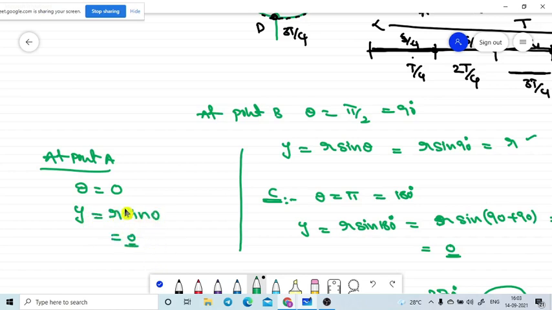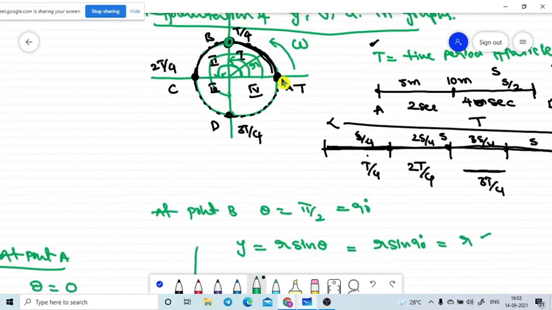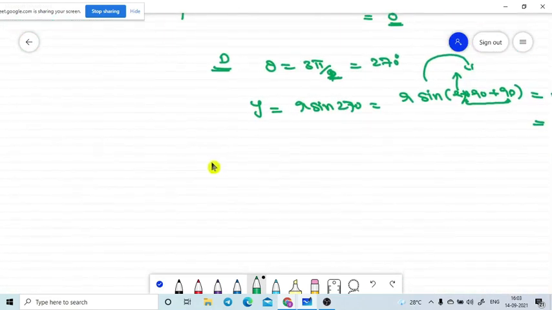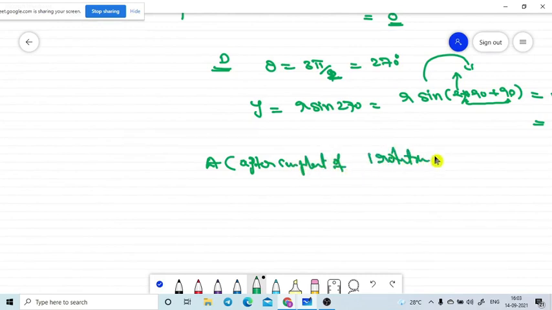Now, if the particle completes one rotation, again the particle reaches the same point A after completion of one rotation. That means theta is equal to how much? 2 pi.